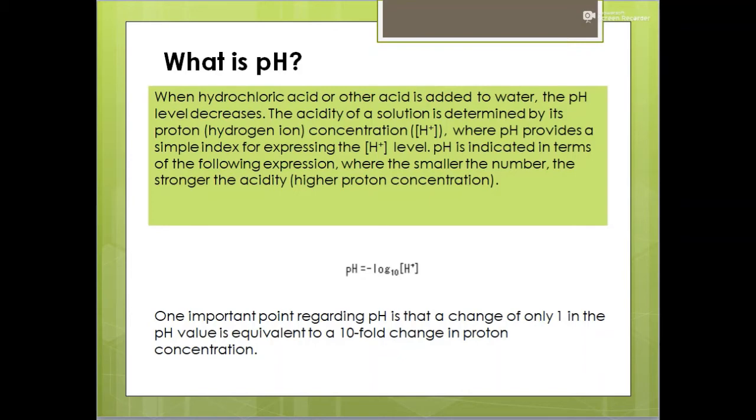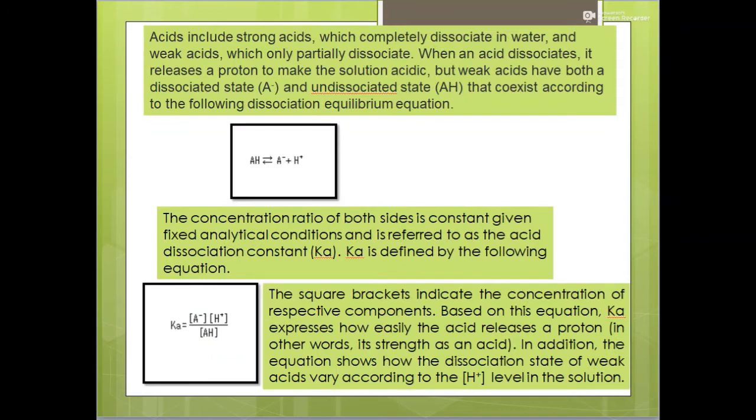When it comes to 6, the pH is higher, but the proton concentration is lesser. When you go to 7 and above, the proton concentrations become lesser still. So pH helps us identify the proton concentration present in a solution.